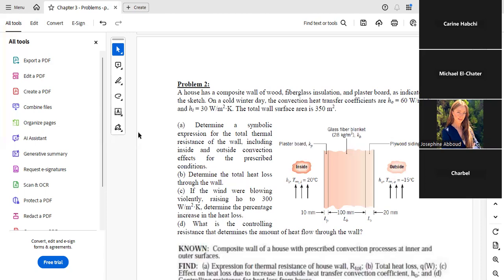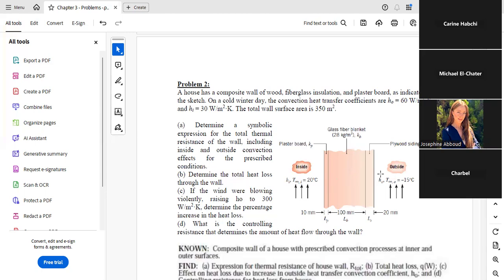So here we want to investigate, when we have good insulation, this means that the heat loss will not be affected a lot by an increase in convection. Why? Because if we do good insulation, the dominant resistance will be the resistance in the solid material.